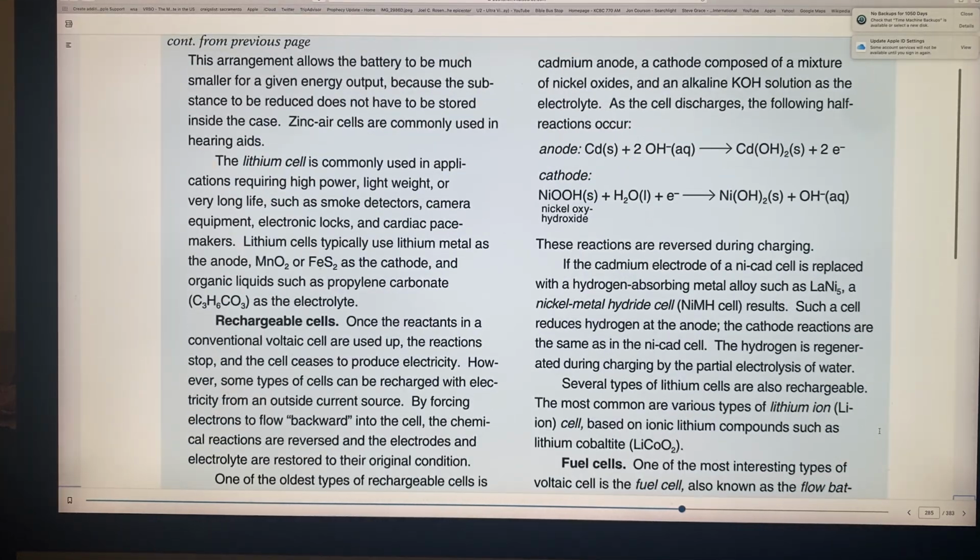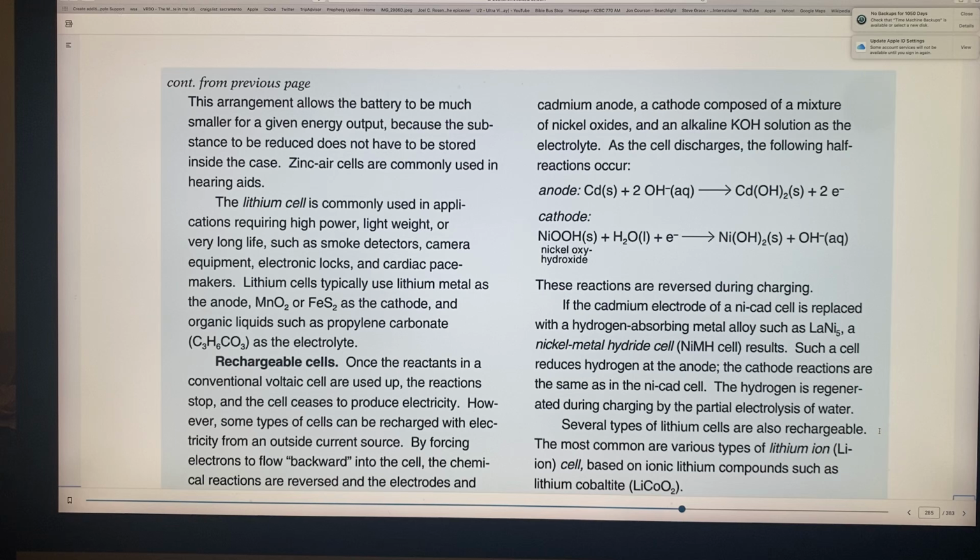Okay, we're going to describe the fuel cell, but first we're going to talk about the lithium cell here. Lithium is very, very reactive, so it's used in high power, lightweight, long life things like smoke detectors and cameras and electronic locks and pacemakers.